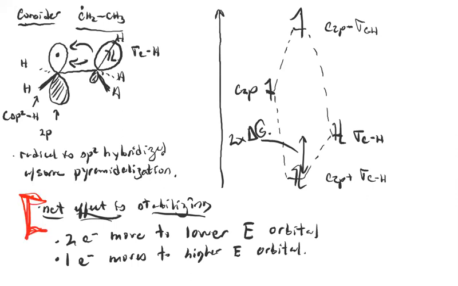If you add up the energies of the electrons before and after mixing, even though individually one of them goes up, the 2 going down results in a net gain. And so this is still a stabilizing interaction.